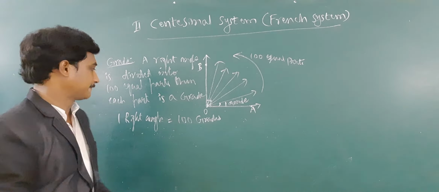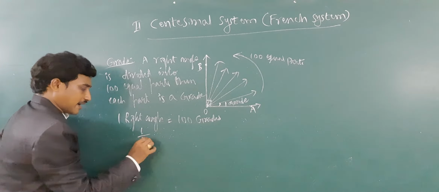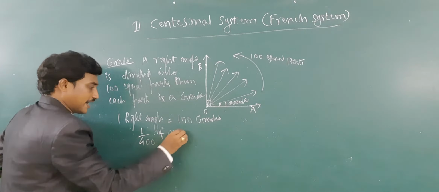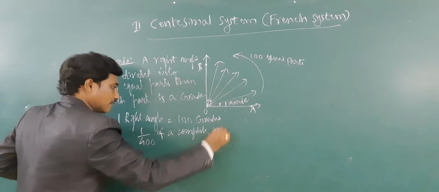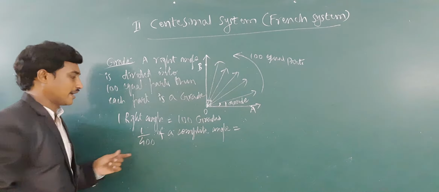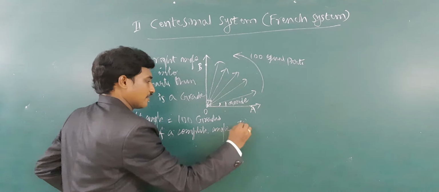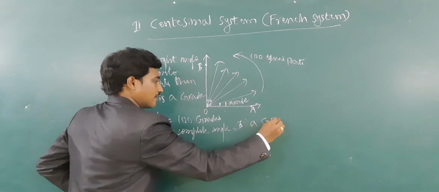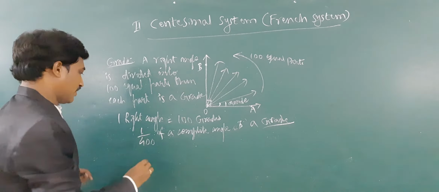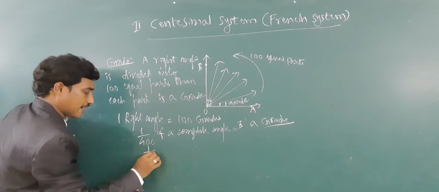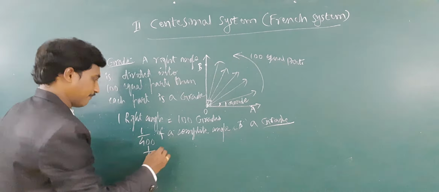We can write 1 by 400 of a complete angle is a grade. Otherwise, 1 by 100 of a right angle is a grade.